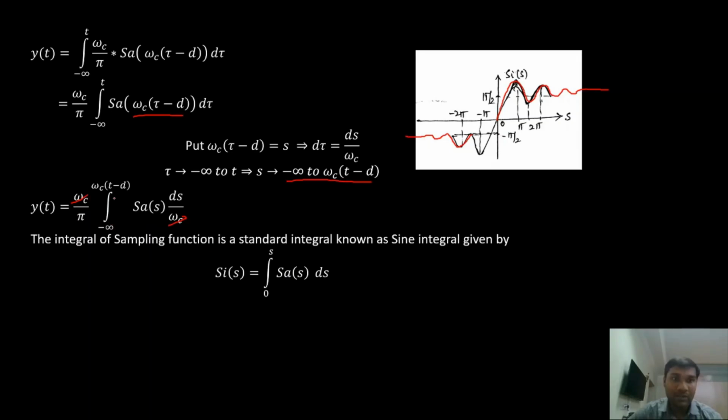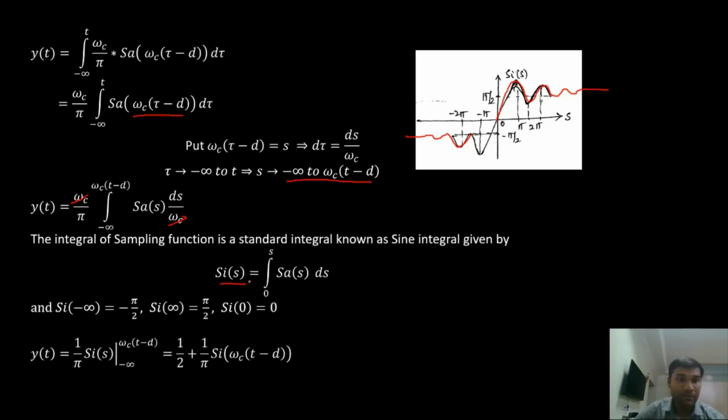Now let me replace this integral of the sampling function with the sine integral. So that is what I will get. I'll get this expression. Now if I substitute my limits here, I'll have omega c into Si of omega c into (t minus d), into 1 by pi, that is this term, minus Si of minus infinity.